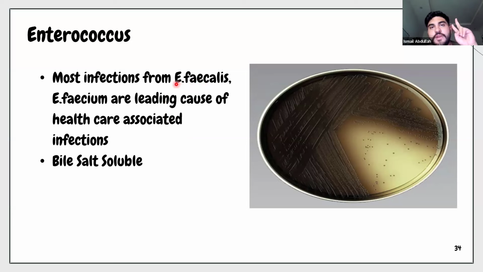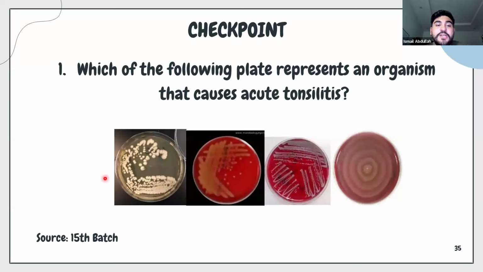We have two very famous organisms that cause healthcare-associated infections: Enterococcus faecalis and Enterococcus faecium, and both of them are bile salt soluble. But yeah, that's all about it. So now let's answer some questions before we move forward.